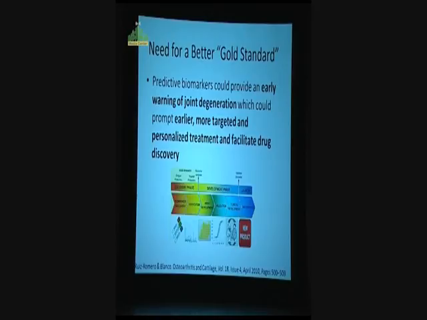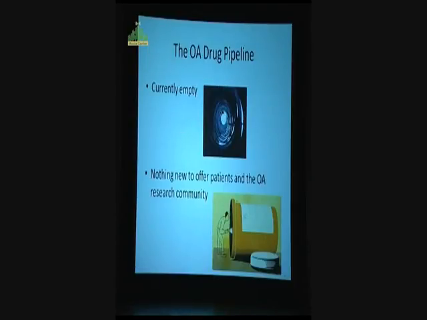We need molecules, and we need diagnostic kits and assays that can give us early warning of joint degeneration and be able to give patients and their physicians an earlier and more targeted way to approach disease management. Also, biomarkers can facilitate drug discovery. If you look at the pharmaceutical industry at the present time, none of the major pharmaceutical drug companies have anything in their pipelines for osteoarthritis.